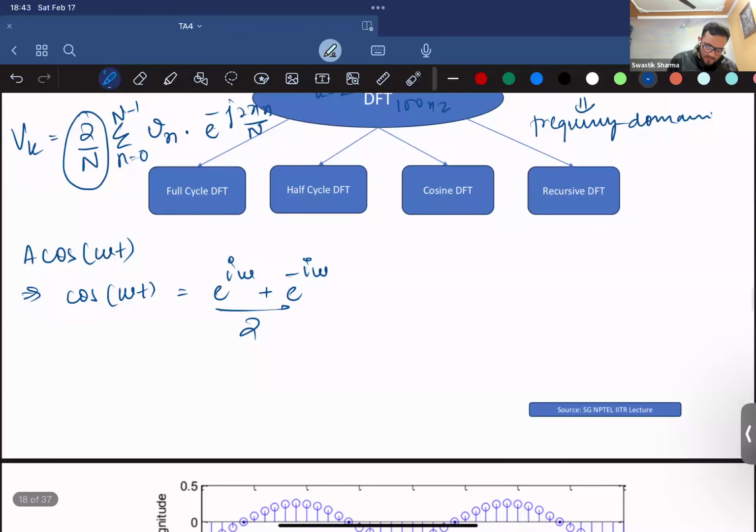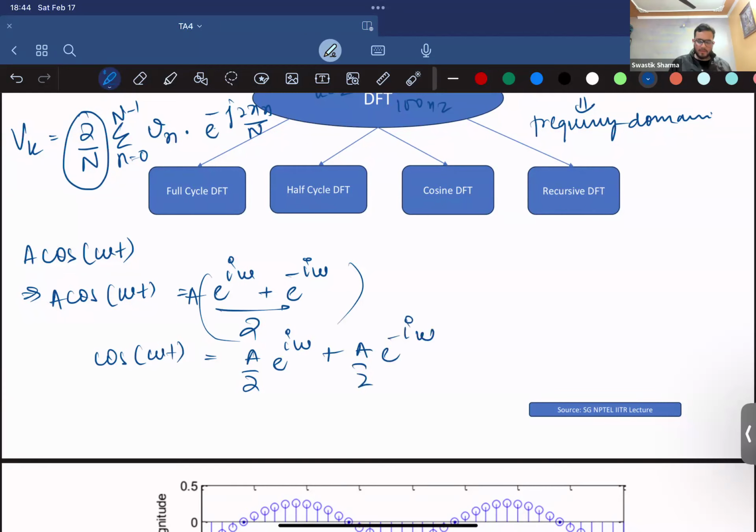So multiplying with a, you have a by 2 e to the j omega t plus a by 2 e to the minus j omega t, right? So you get these two signals.